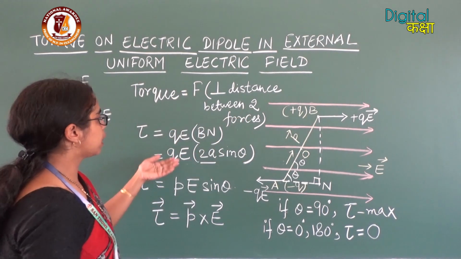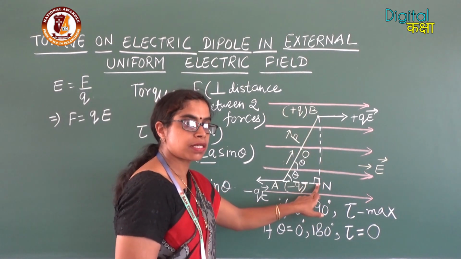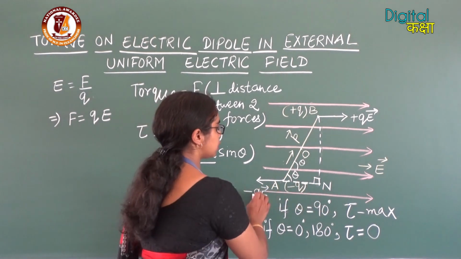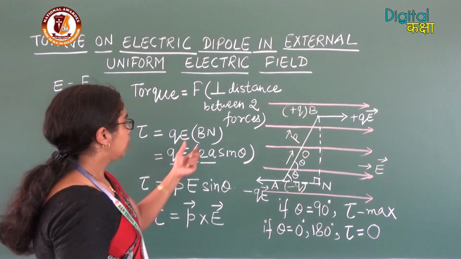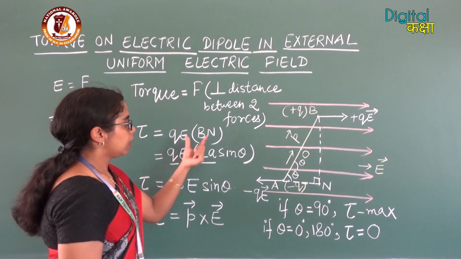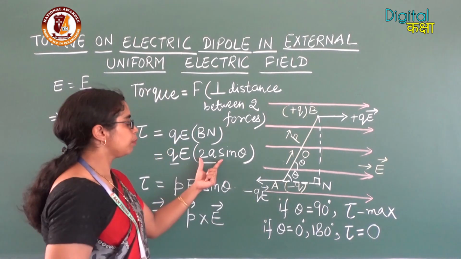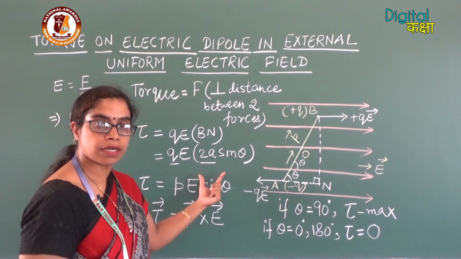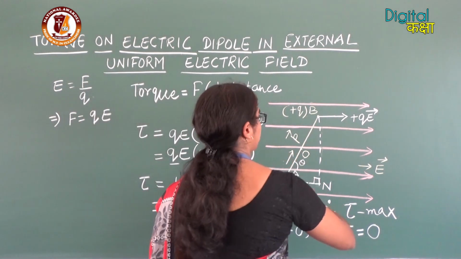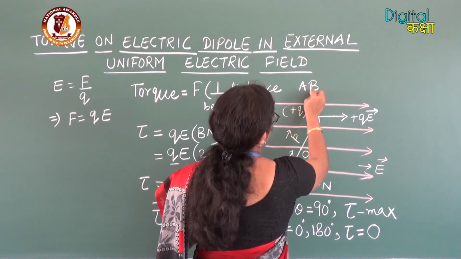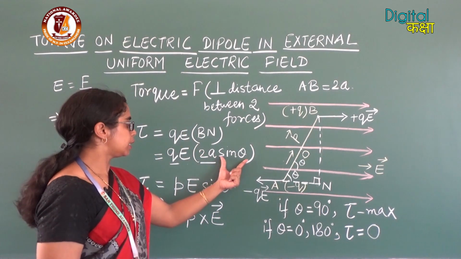The value of the force can be written as QE, and BN is drawn by construction as the perpendicular distance between plus QE and minus QE. So, here QE, and the value of BN from the right angle triangle BNA can be written as 2a sin theta, where 2a is the length of the dipole, the distance between A and B. So it is 2a sin theta.